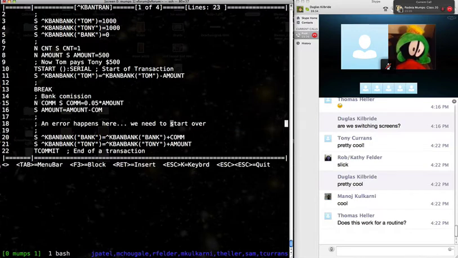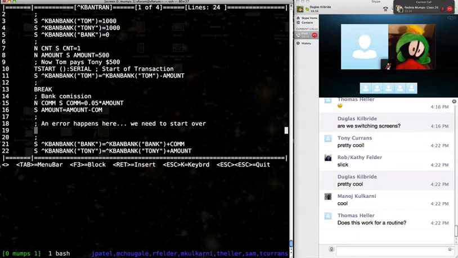So let's pretend an error happens here. And this is an error in our application. So let's pretend that our database, like FileMan, tells us that I don't have something available and you need to try again.